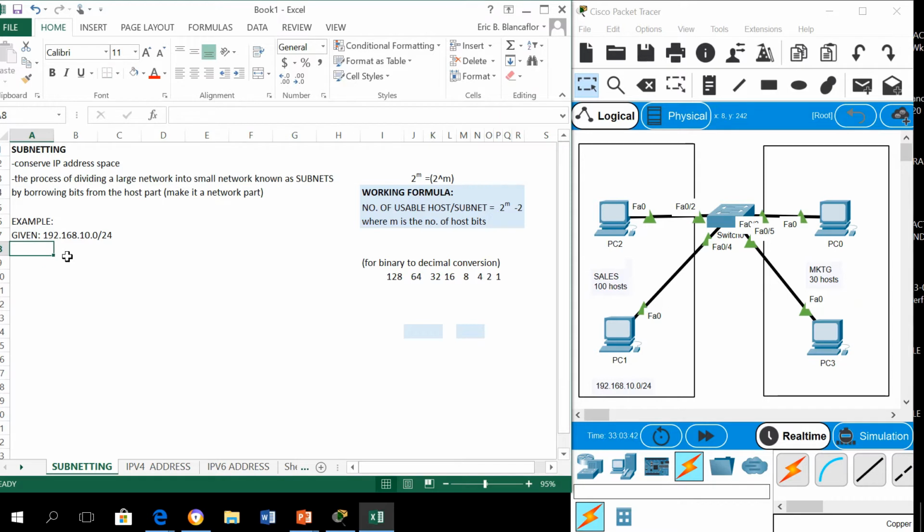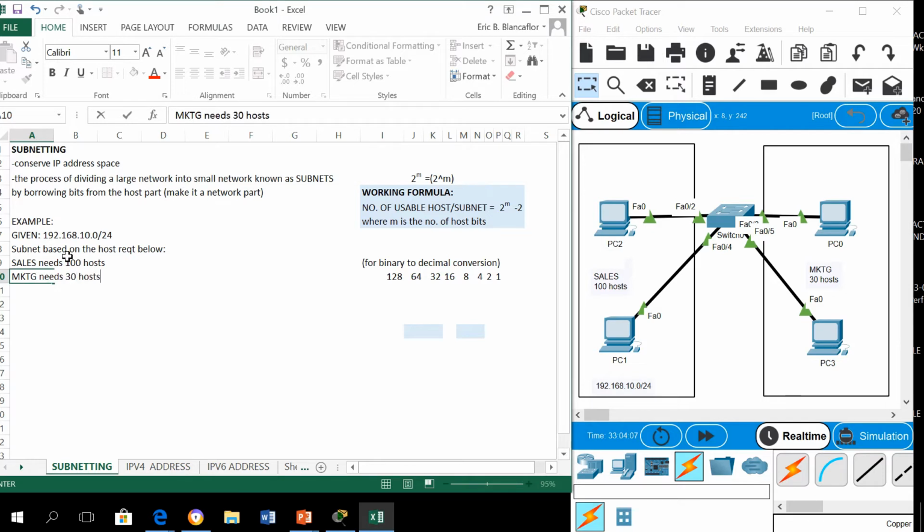I will divide this subnet based on the host requirement below: sales needs 100 hosts, and marketing needs a subnet that will accommodate 30 hosts.